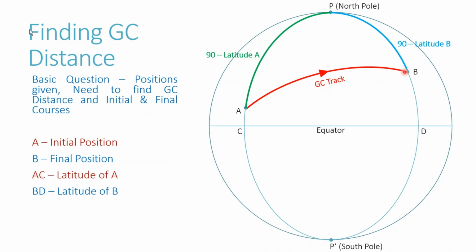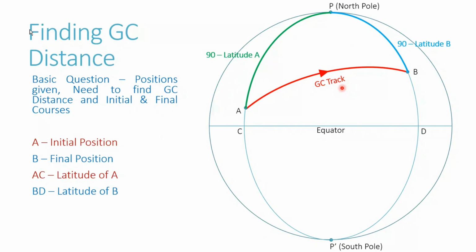And the third side of this triangle, the red color side, that is Alpha Bravo, A to B, is of course a great circle track. It is the arc of a great circle track. That is what we need to find out. So we have a triangle, Papa Alpha Bravo, PAB triangle, formed on the surface of a sphere, which is the Earth, all three sides of which are arcs of great circles. So this tells us that this Papa Alpha Bravo triangle is a spherical triangle.